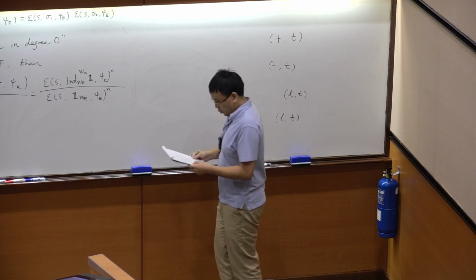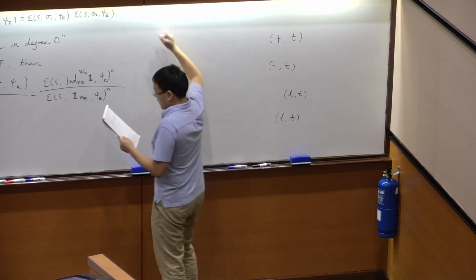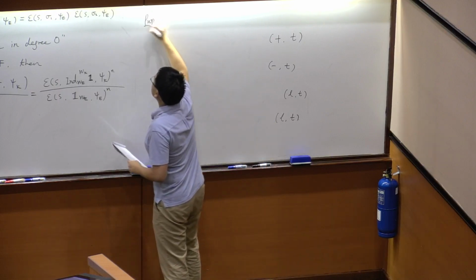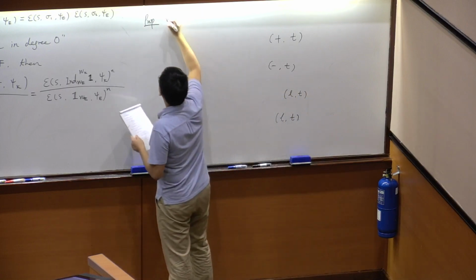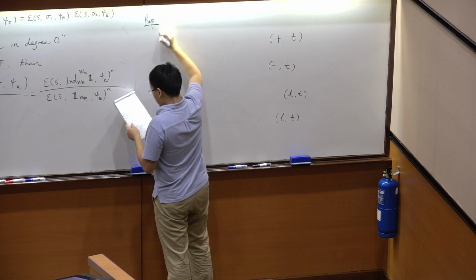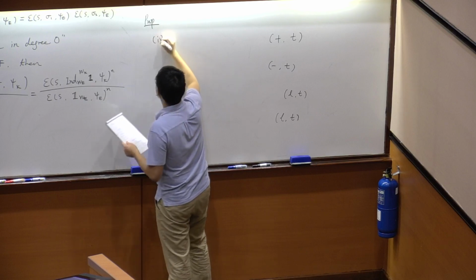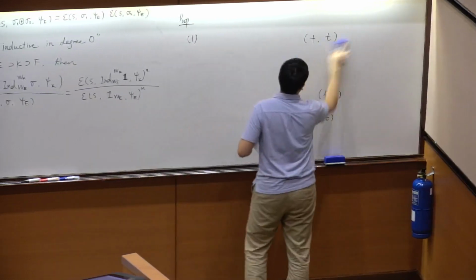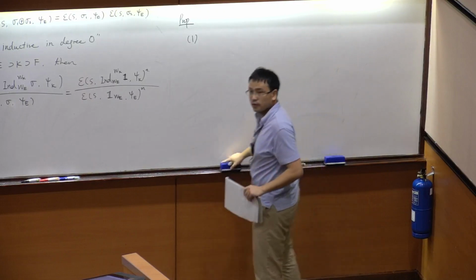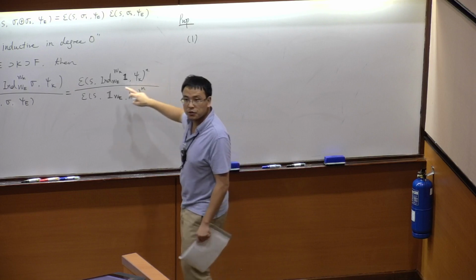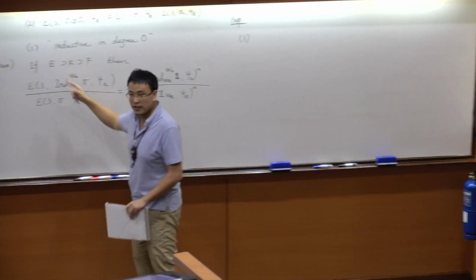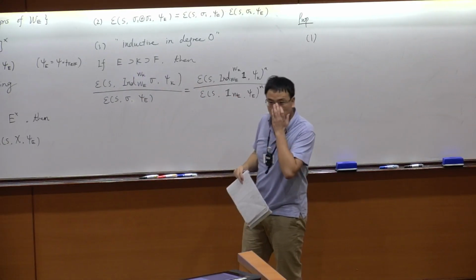So if we do that, we're going to have a simpler version for the epsilon factor, which can be written down as the nth power. Sorry? The nth power. The n is the degree of the E over F. Yeah.